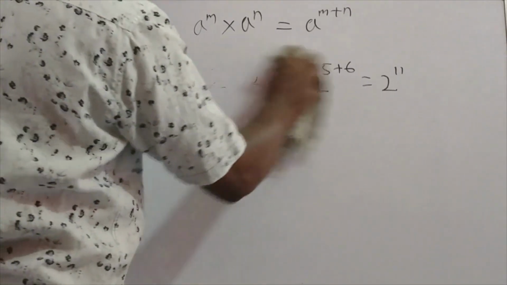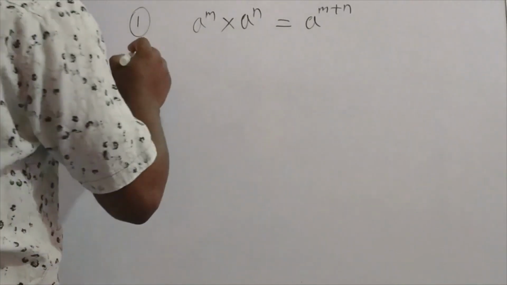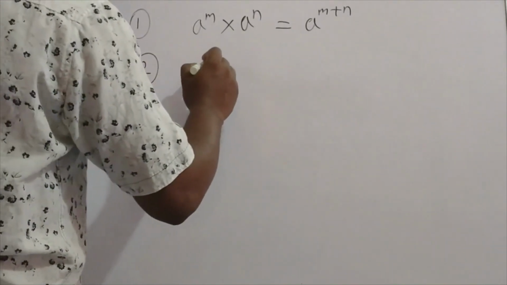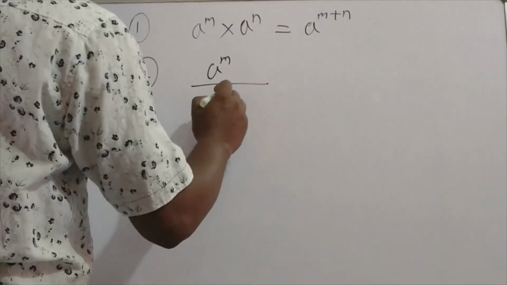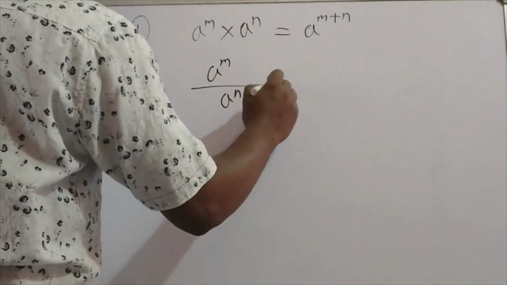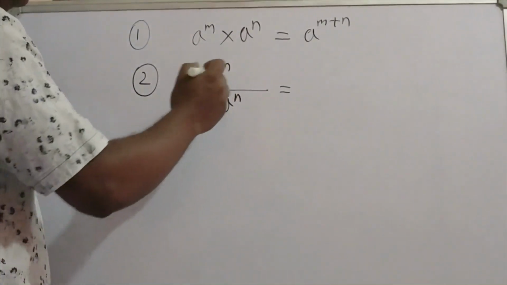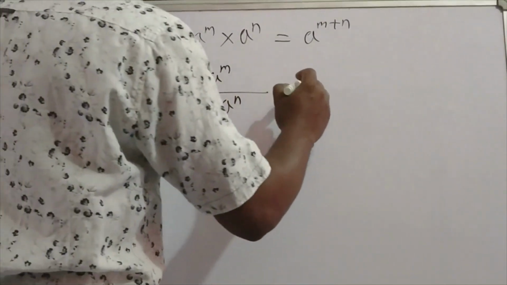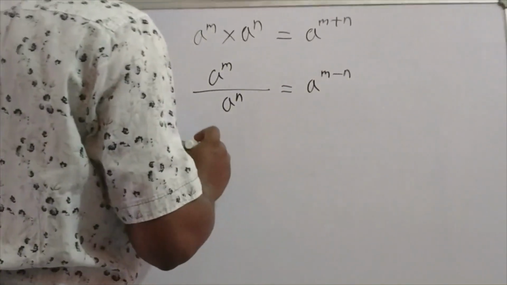So this is the first formula. Then come to the next formula, second formula. Suppose both the number a to the power m divided by a to the power n. It is multiplication, here it is division. If it is division, the power must be subtracted. So it will be a to the power m minus n.